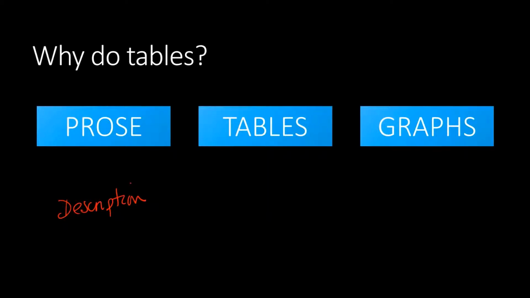You could describe data in words, but it makes it not very easy to see in amongst all those words. So we have tables. The table is a way of presenting data, and the purpose of the table is to do two things with the data.